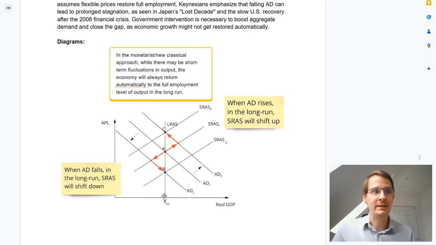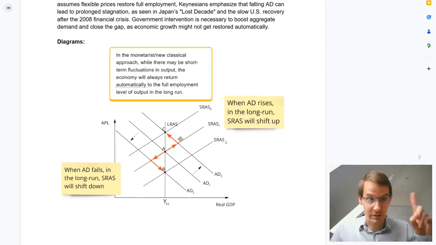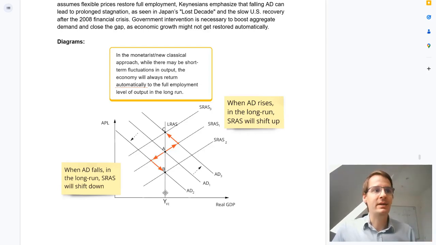So that essentially means that even though there might be some short-term fluctuations in the short run, in the long run these fluctuations will always be reduced and the economy will get restored automatically without any government intervention in the markets. The economy will automatically get back to the full employment level of output, and all of that is because resource prices are flexible in the long run.